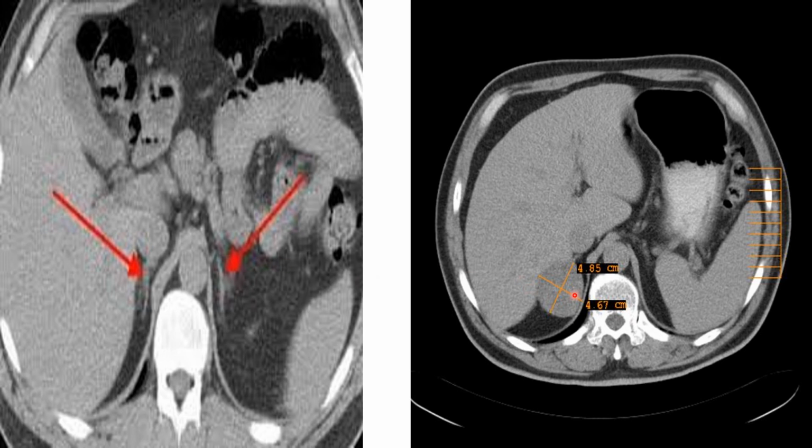But when there is some lesion, some mass in the adrenal, you can easily localize it, because it's a huge lesion, 4.8 by 4.6 centimeters on the right adrenal gland. This is a huge lesion detected on CT scan of the abdomen in a patient with primary hyperaldosteronism.